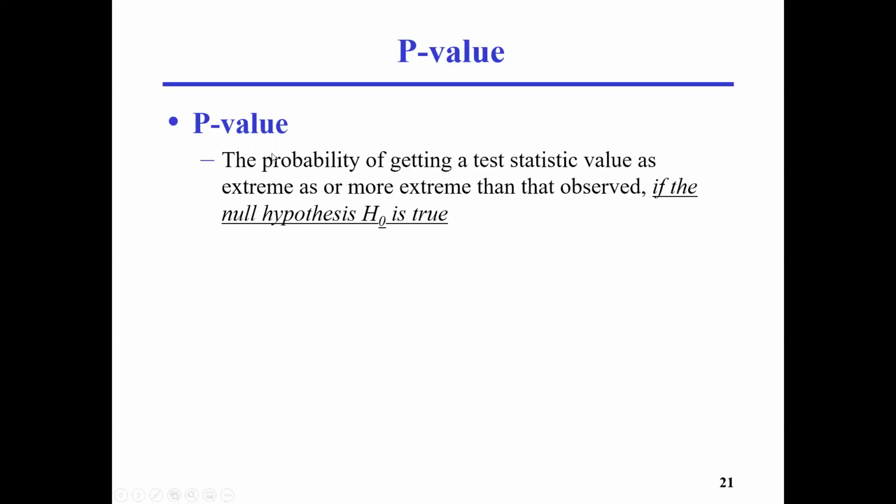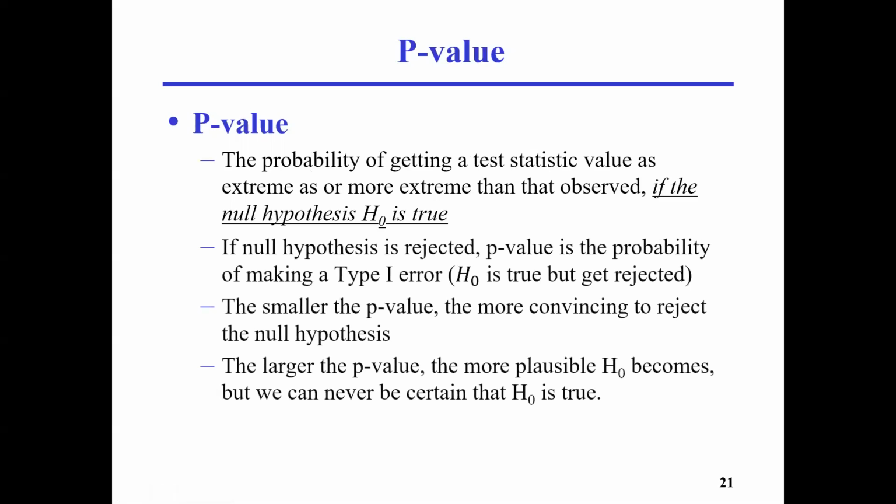Then we can use p to address the probability of getting a z-test or t-test statistic as extreme as or more extreme than the observed value. If the null hypothesis is rejected, the p-value is the probability of making a type 1 error.